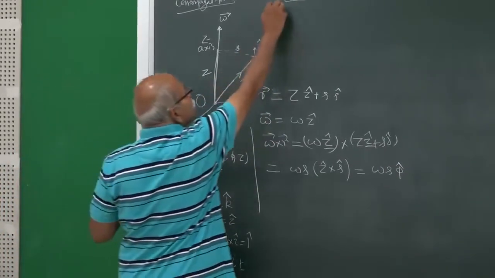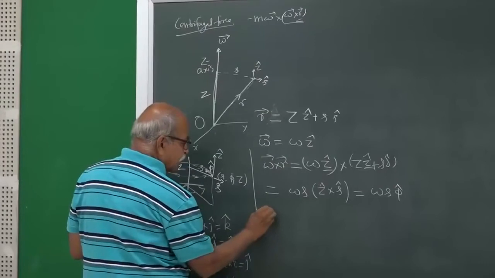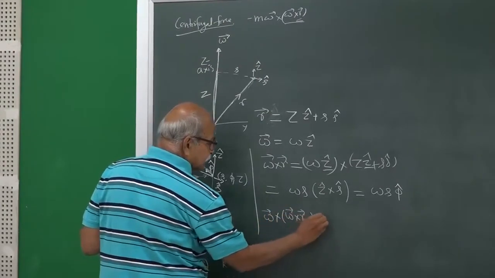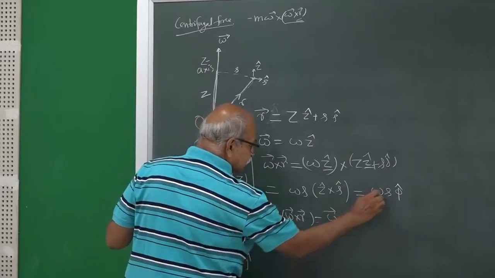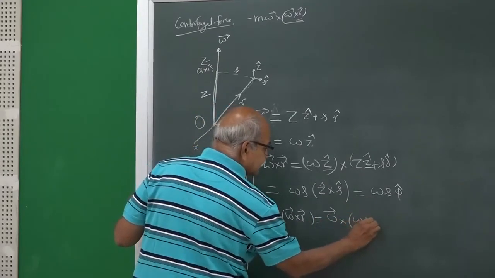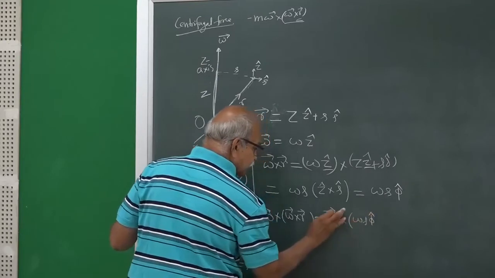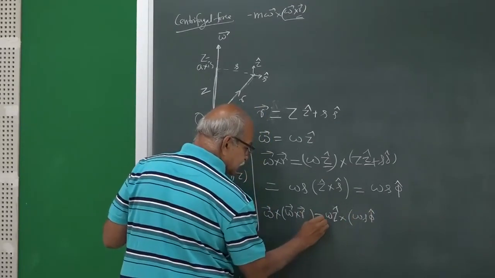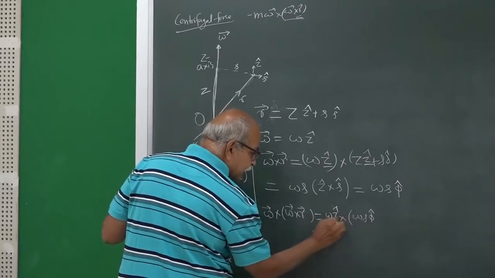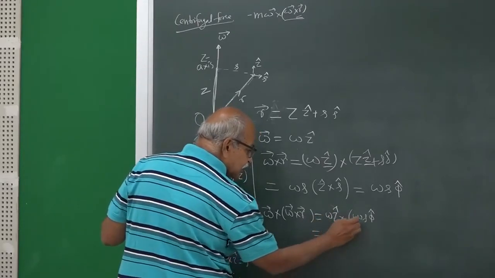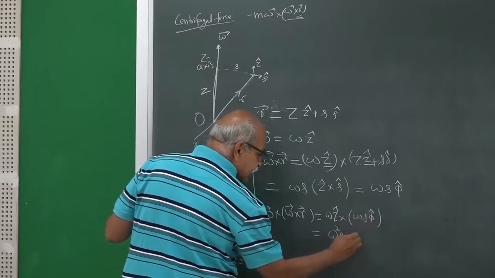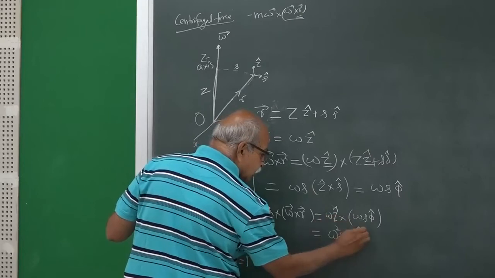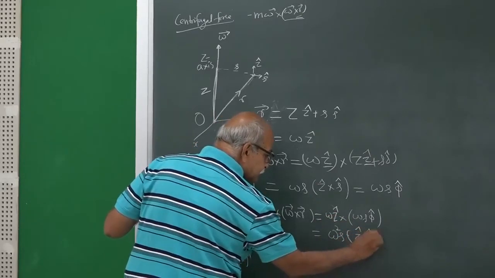And then omega cross r, omega cross this omega s phi cap, and this omega is omega z cap. So, this will be omega square into s and into this z cap cross phi cap.